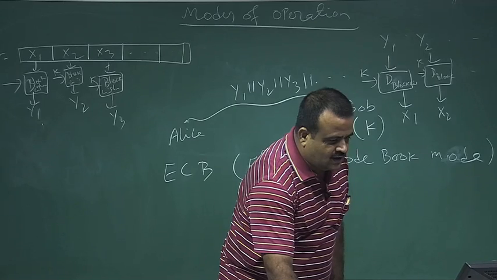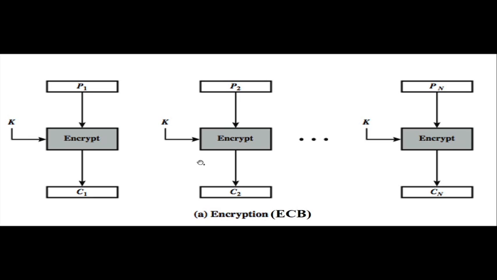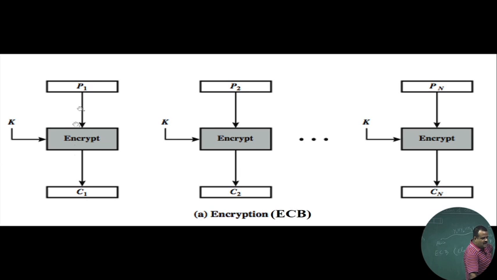Can you go to the slide please? Yeah. So, we are breaking the plain text into blocks depending on the size of our block cipher, and we are using the same key, and we are encrypting these blocks in parallel, separately, simultaneously, and then we get the ciphertext C1, C2, Cn. We concatenate C1, C2, Cn, and we get the ciphertext.